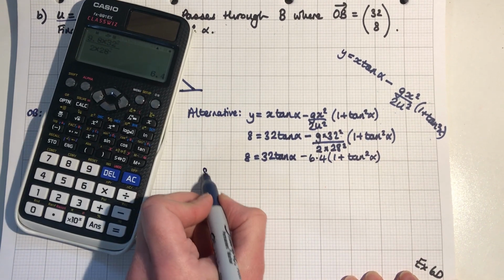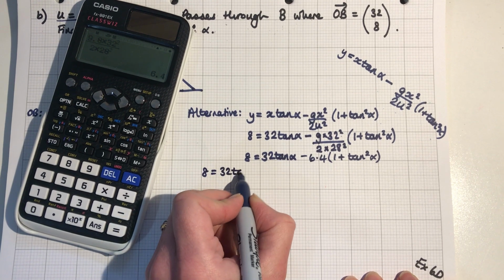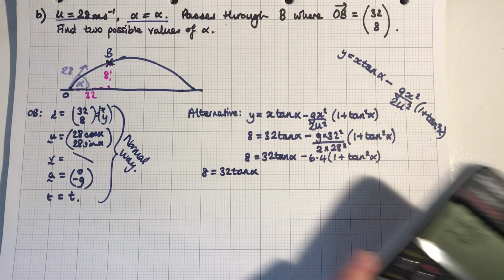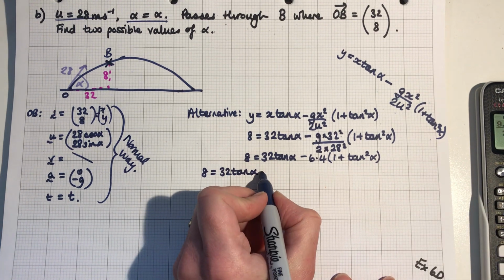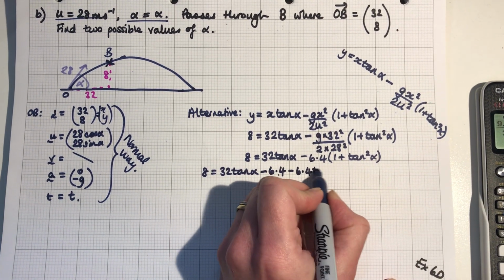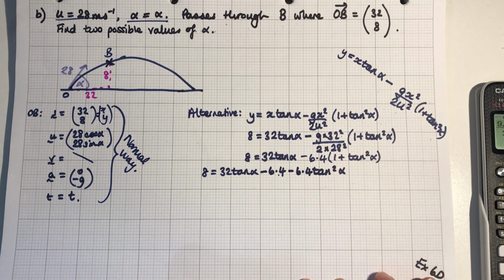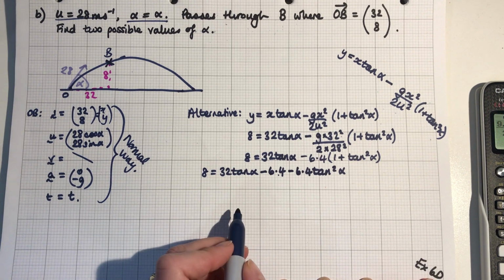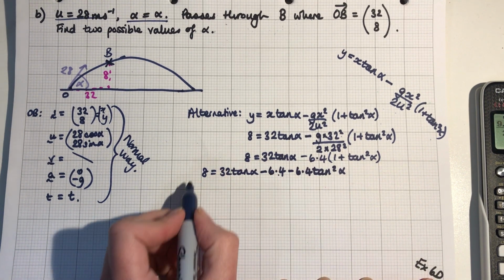Now let's expand that bracket. So minus 6.4 minus 6.4 tan squared alpha. This is looking like a quadratic equation, but this time in tan. So let's bring everything to the left-hand side.